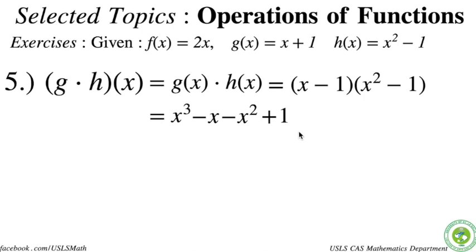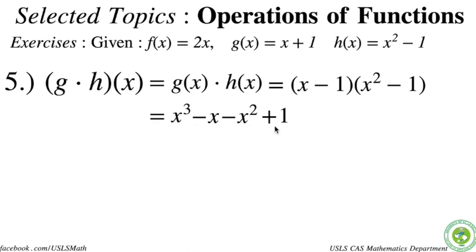Usually after the FOIL method, we will combine like terms. But clearly in this type of FOIL, there are no like terms, since all the x's here have different degrees, we cannot combine them because that's our rule number 2 in our like terms system. And then we have a +1 as a constant.